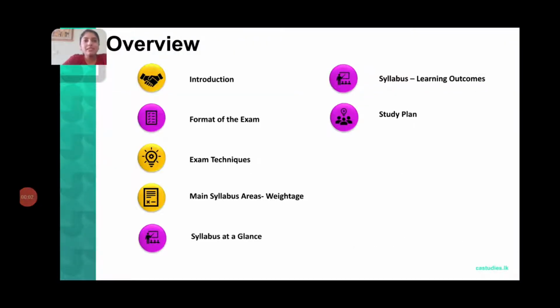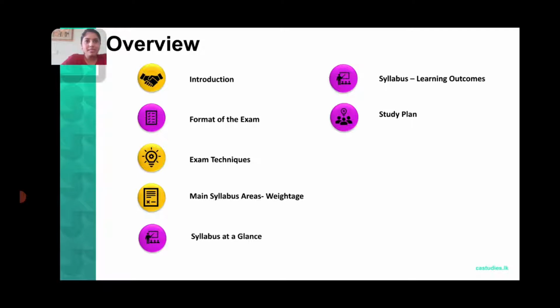So this is the overview of our presentation. We have the introduction, where we will be telling you what our subject is and what you're going to learn in summary, and then we'll go through the format of the exam, and then the exam techniques that you should know, and then the main syllabus areas that have to be focused on, and then we'll be having a look at the syllabus just to see what chapters we'll have to learn, and then we'll be seeing the outcomes, which means the learning outcomes, which you should actually target while you're studying.